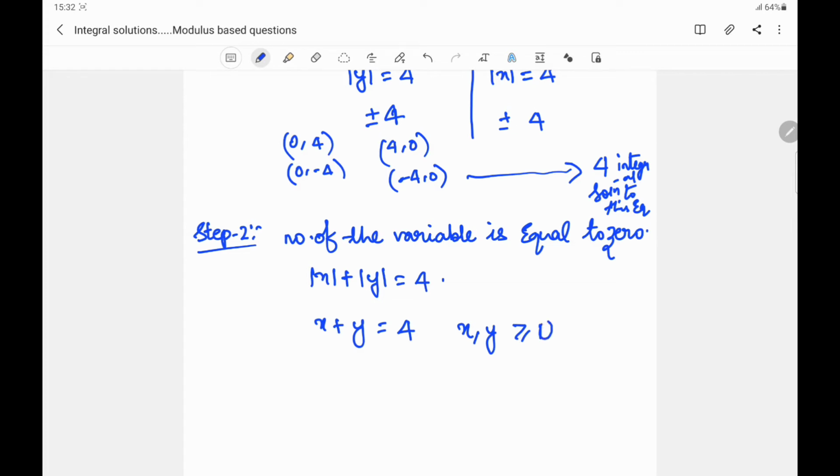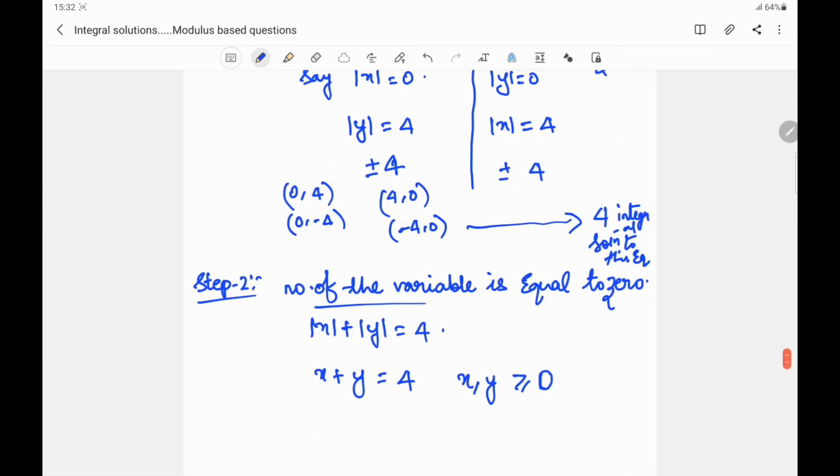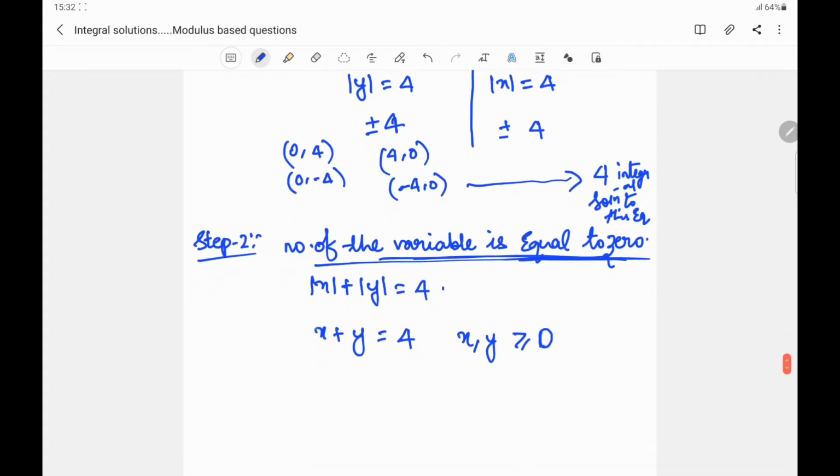It cannot be greater than or equal to 0, because we are in step 2, where we are dealing only with cases where variables are not equal to 0. And moreover, the modulus function always returns a positive value. So this particular thing is positive and greater than 0. So that's why it is greater than or equal to 1.